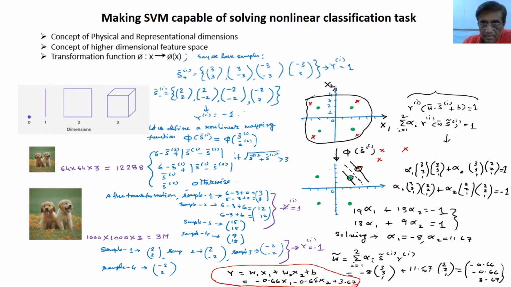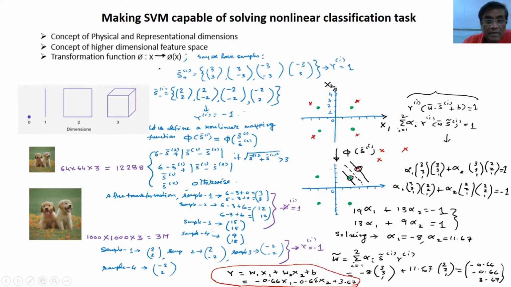Linearly not separable. So can we do something with this non-linearly separable problem, with a very simple example I am giving, by some kind of transformation, can we translate it into a linearly separable problem?